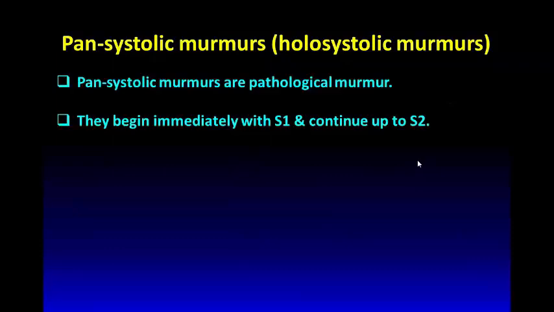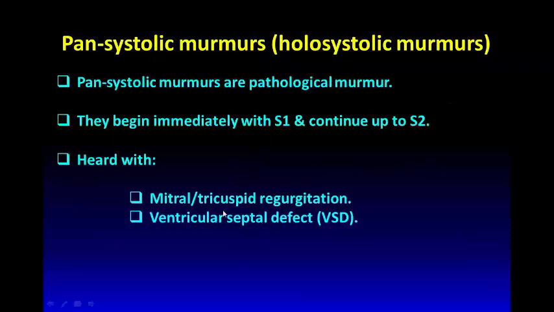In cases of mitral or tricuspid regurgitation or ventricular septal defect, the increased turbulence of blood flow results in pansystolic murmurs.